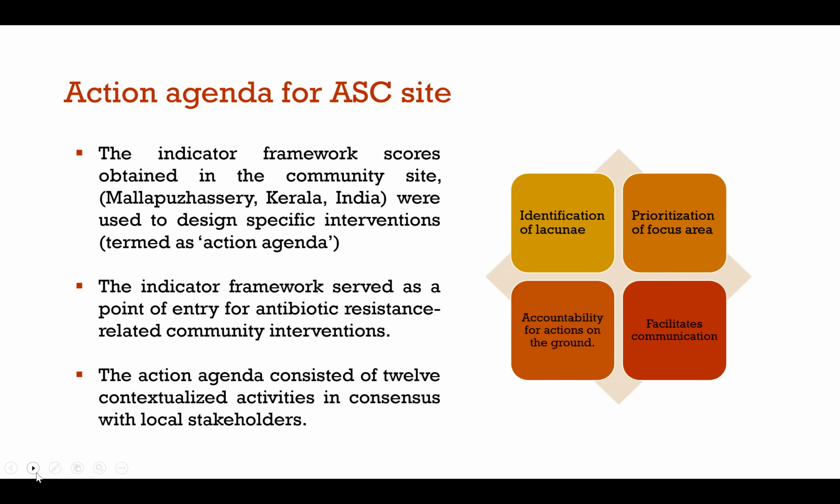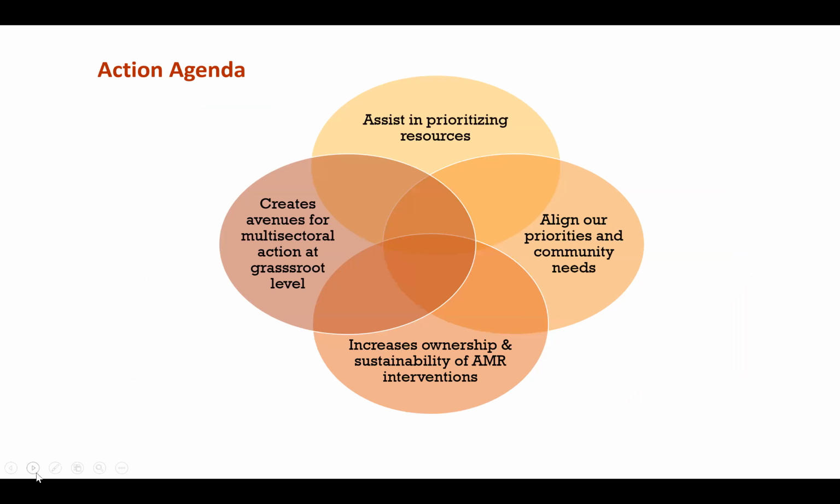Some of the factors that we kept in mind while we decided about having this action agenda were that it should help in prioritizing the resources. It would create an avenue for multi-sectoral action at the ground level. It should also prioritize the need of the community. It has to be something that they want to happen on the ground, or the changes that they want to see.